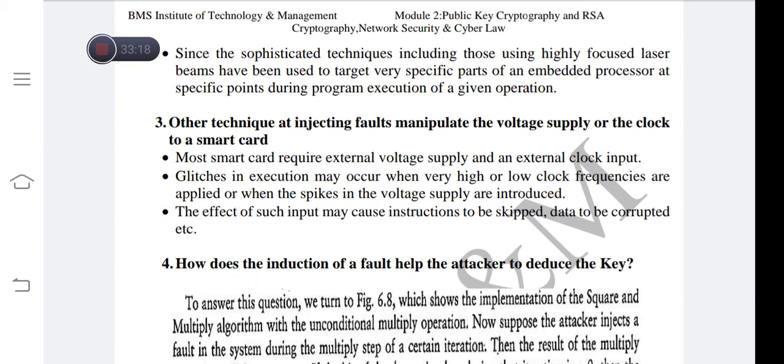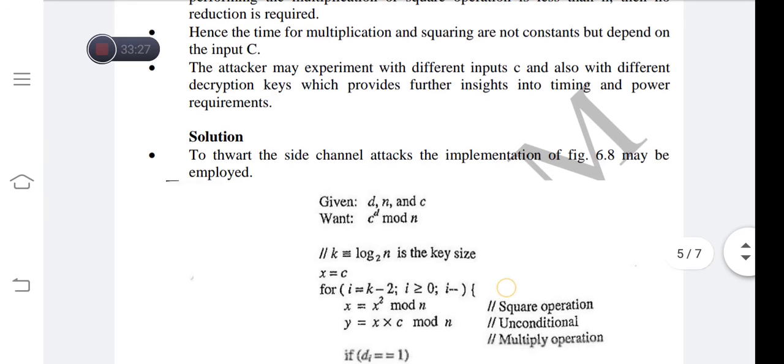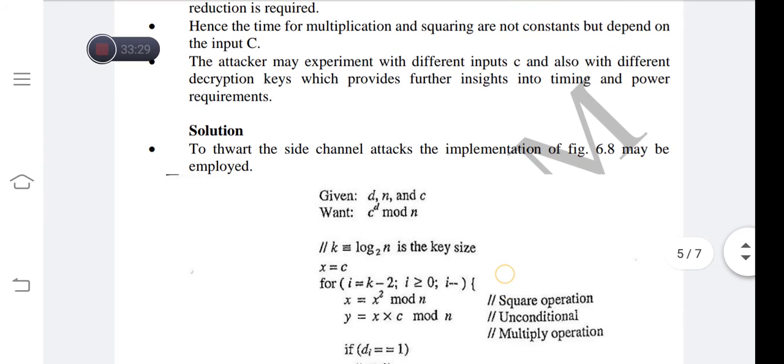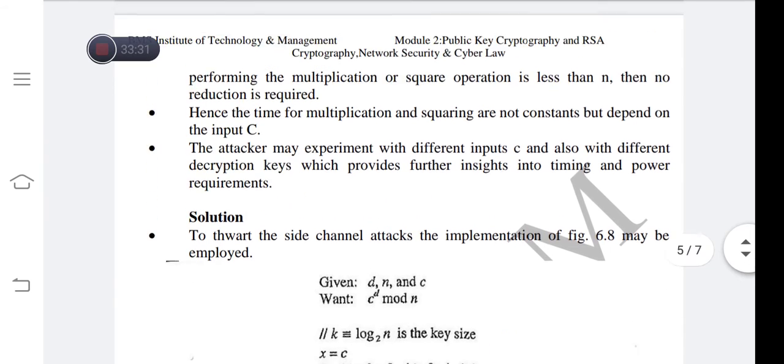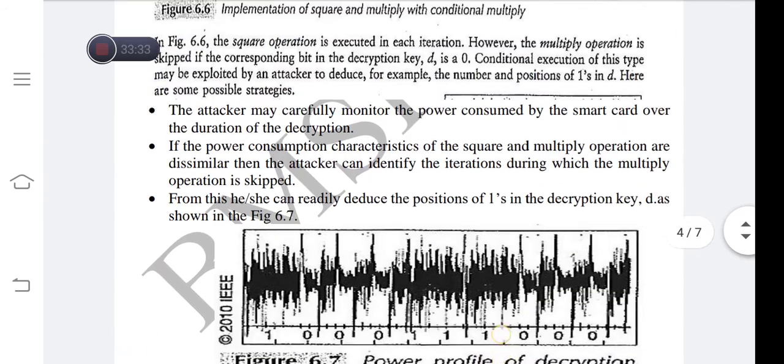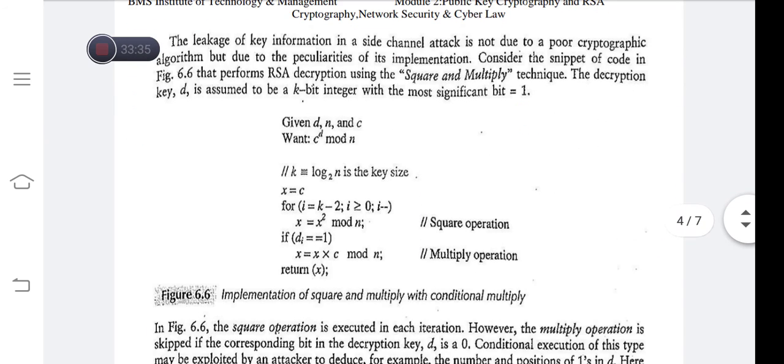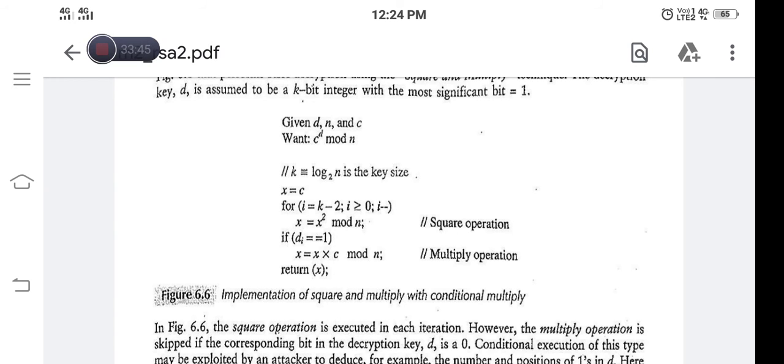So now the question here is, we discussed the first method, the side channel using time and power consumption. We discussed one code, how an attacker can find the position of the ones in a decryption key, even though we have the code using the square and multiply operation.